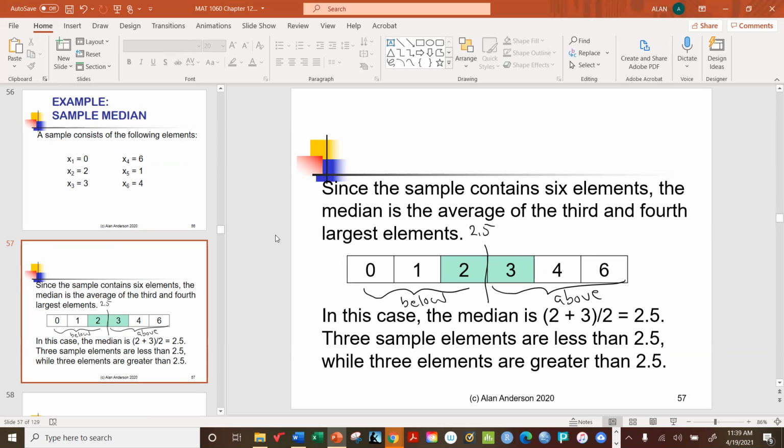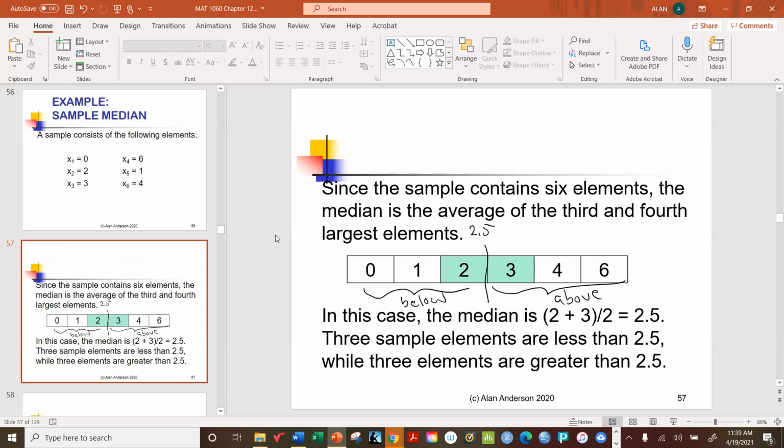If you notice, though, there's no value in the center, there's 2 of them. And so we have to average those 2 out, and when we do, we get 2.5. So we will define 2.5 as the median of this sample because half the values are below 2.5 and half are above. So there's 2 cases that we have to concern ourselves with: odd number of values, even number of values.